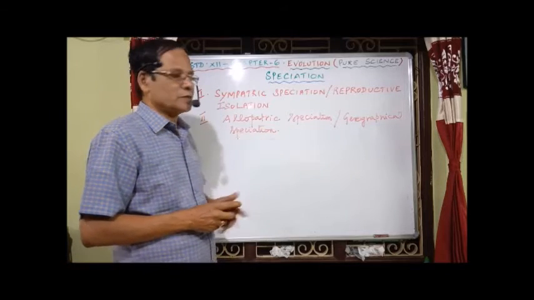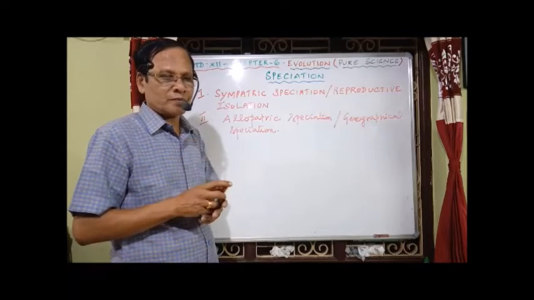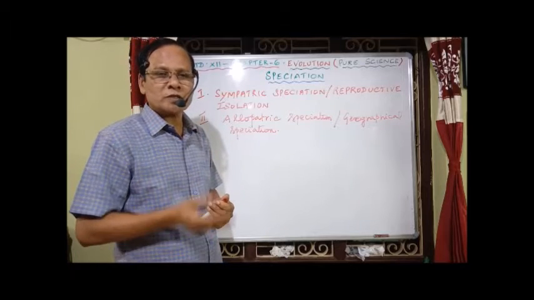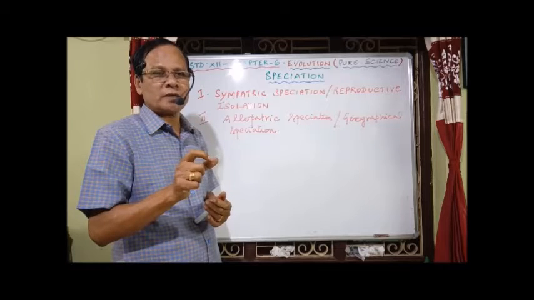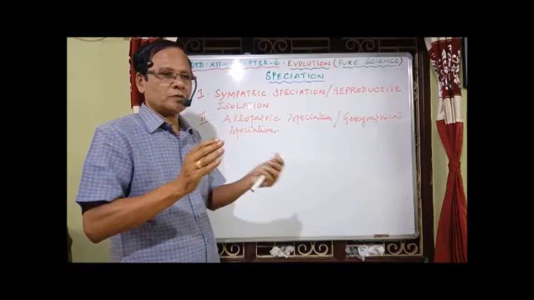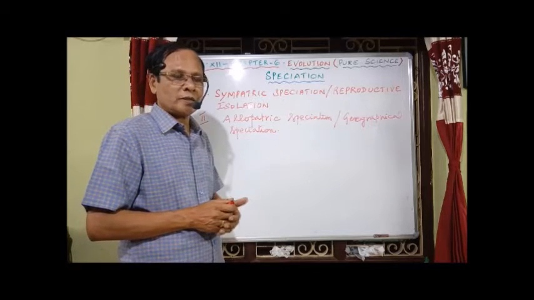Now, allopatric speciation: for example, Sri Lanka and India are separated by the Gulf of Mannar, a geographical barrier, either in the form of mountains or in the form of rivers, etc. Here the sea between Sri Lanka and India separates the two land masses. That is called a geographical barrier.